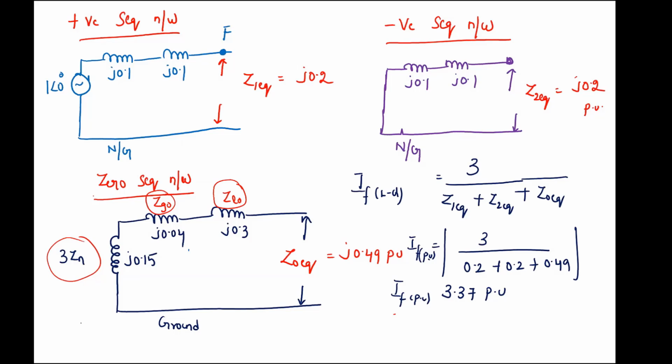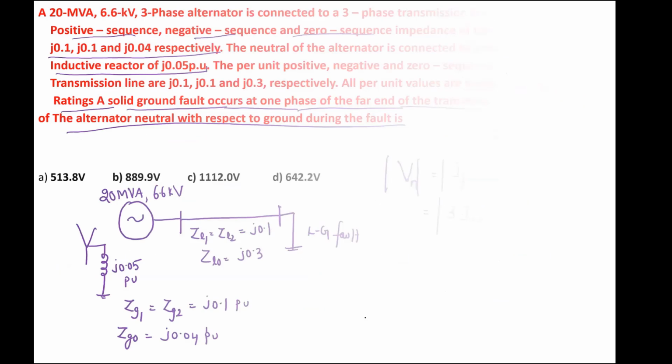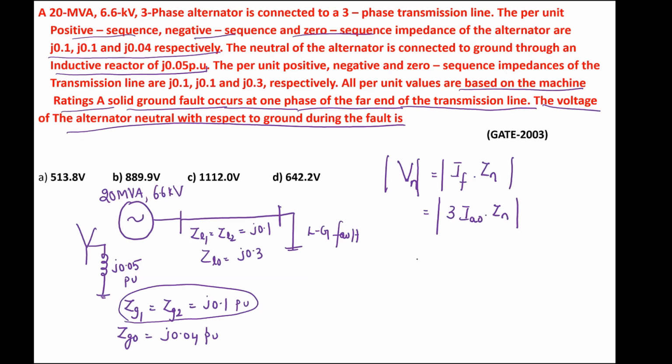Now, what is the voltage of neutral? The voltage of neutral is IF into Zn. The IF value we have computed is 3.37, and the impedance of neutral is j0.05. If you only want to compute the magnitude, your neutral voltage is 3.37 into 0.05.